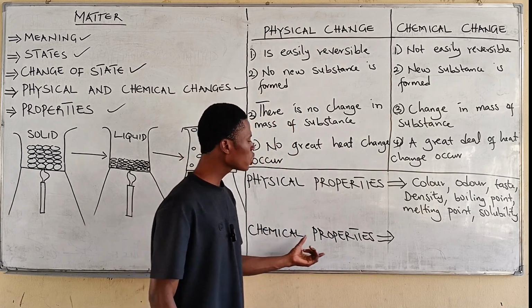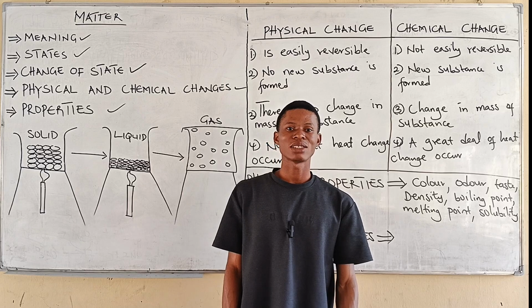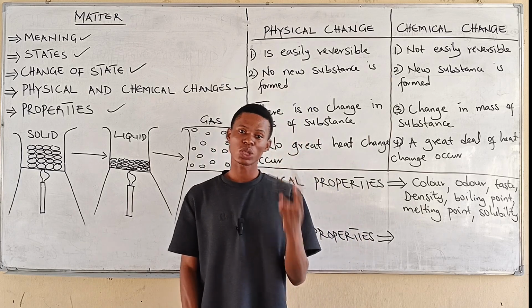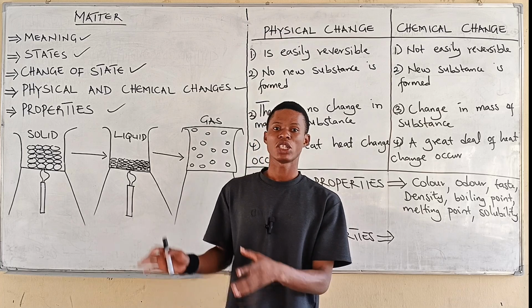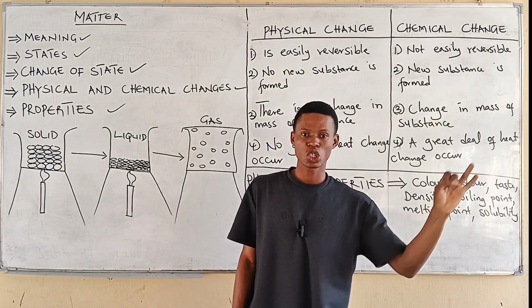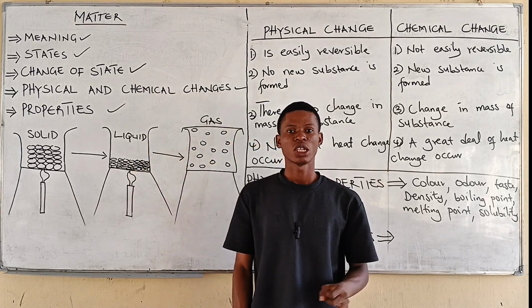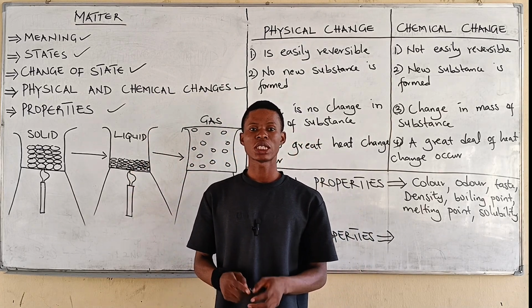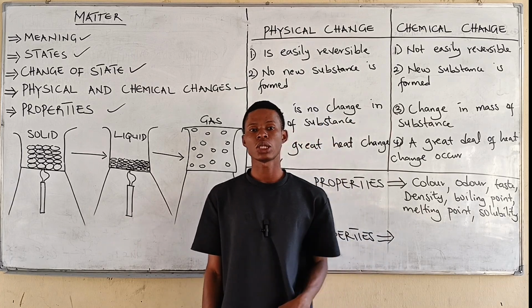Now, based on chemical properties, matter can be classified into 3: elements, compounds, and mixtures. In our next video, we are going to treat elements, compounds, and mixtures in detail.